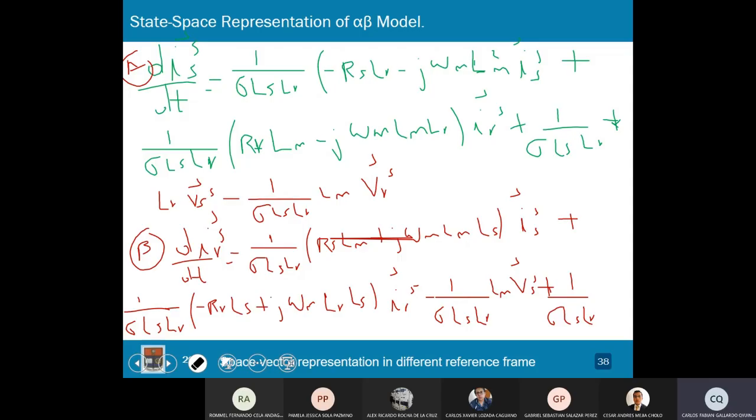Let's clear this part. Okay, so times the stator inductance and the rotor voltage space vector.